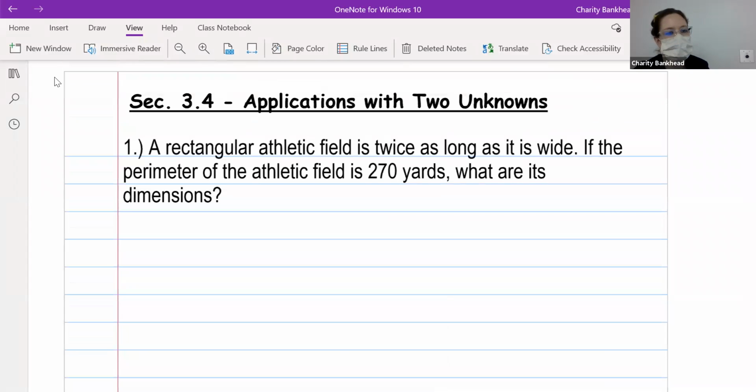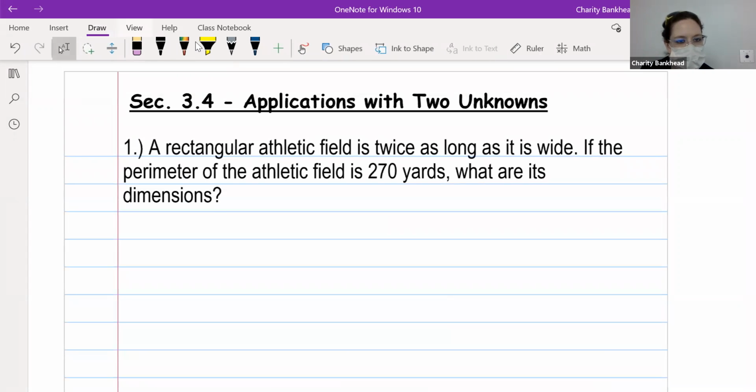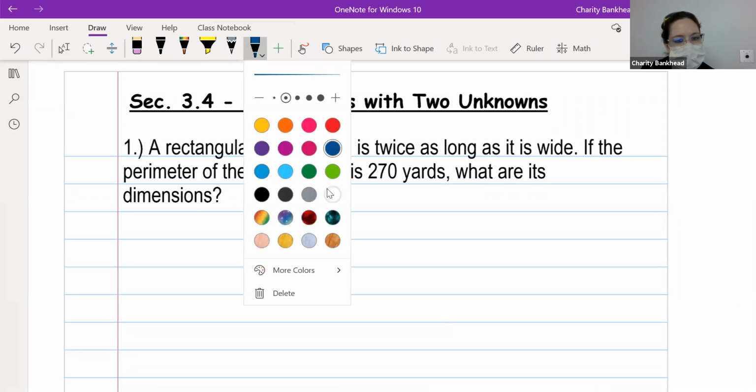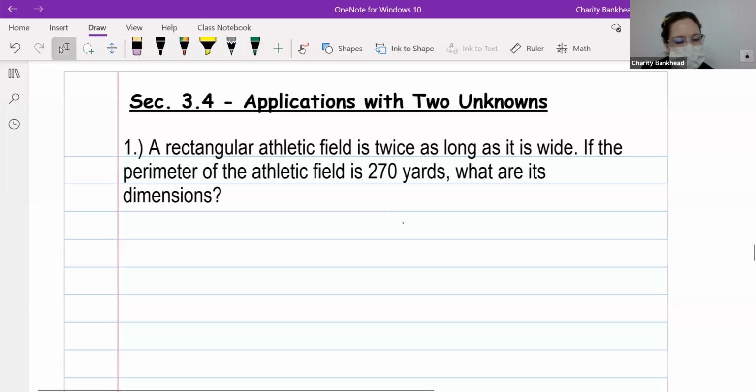All right, so number 1 says a rectangular athletic field is twice as long as it is wide. If the perimeter of the athletic field is 270 yards, what are its dimensions?